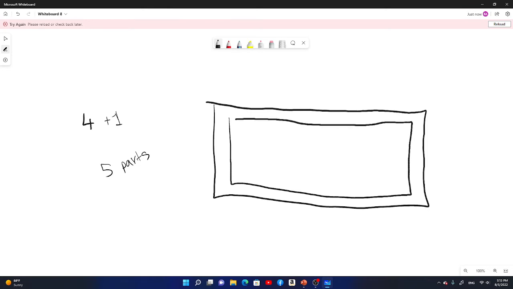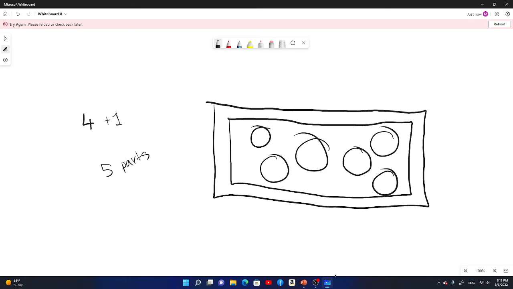Some pizzas are rectangle, you'll see them. Now this will be easier to break up, so let's do 1, 2, 3, 4.